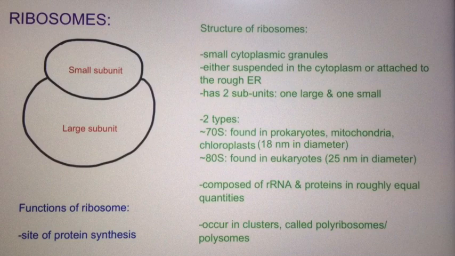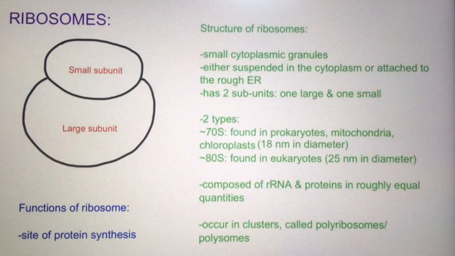S here refers to a unit called the Svedberg unit that is related to the rate of sedimentation in a centrifuge. The 70S type has a diameter of 20 nanometer. It is slightly smaller than the 80S type ribosome. The 70S type ribosome is found in prokaryotic cells as well as chloroplasts and mitochondria in eukaryotic cells.